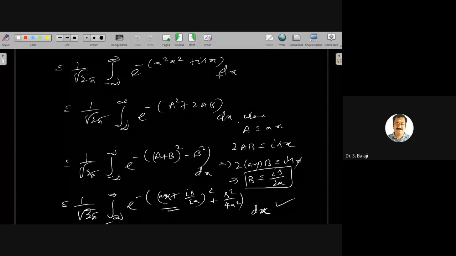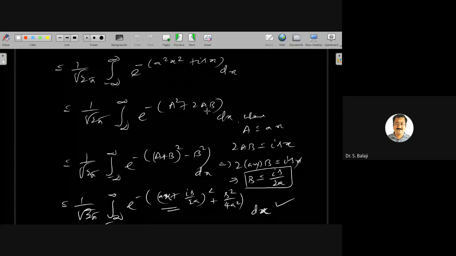Now, in order to evaluate this integral, because it has an x square term and an x term, consider this as of the form a square plus 2ab.